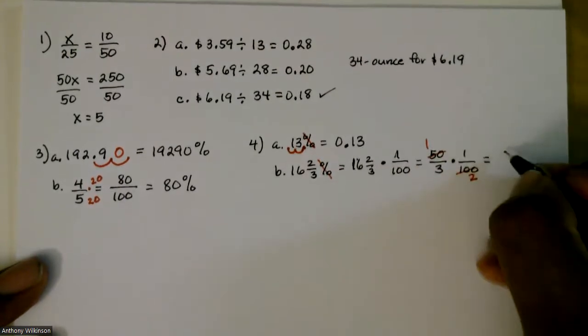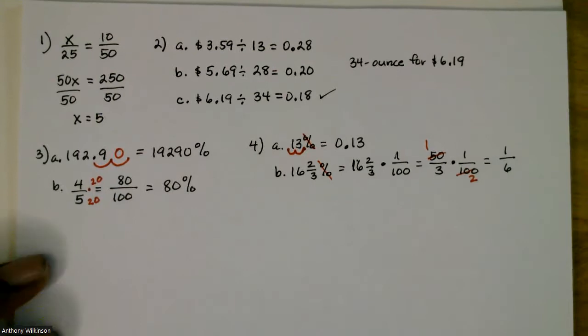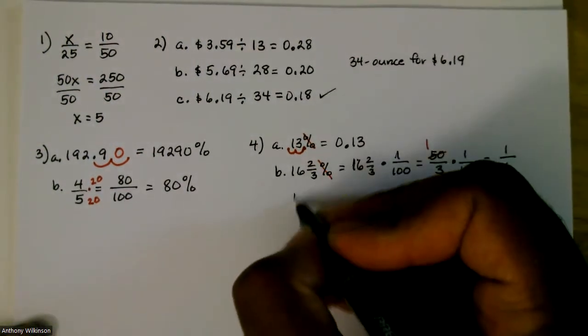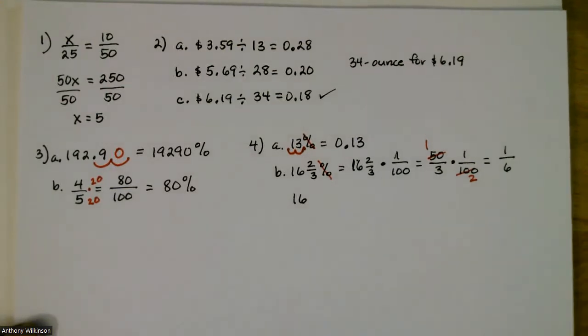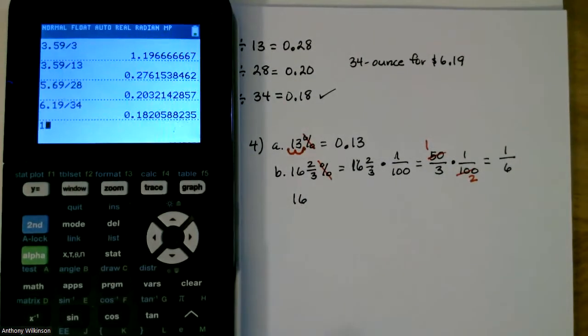So 1 times 1 will be 1, divided by 3 times 2, which is 6. So in this case here, I'll have 1/6 as the, actually it has to be a decimal. I apologize. Not as a fraction, as a decimal. But it's good to know that you can change it to a decimal.